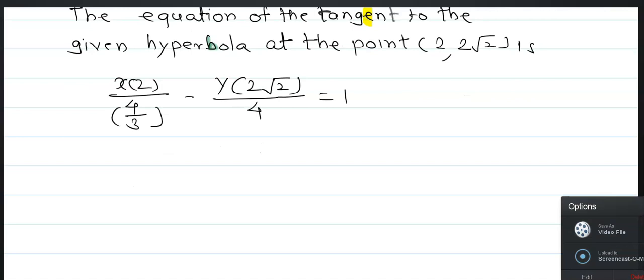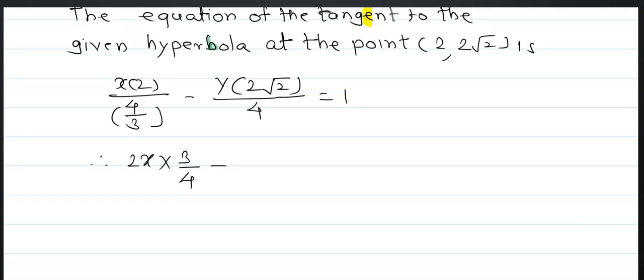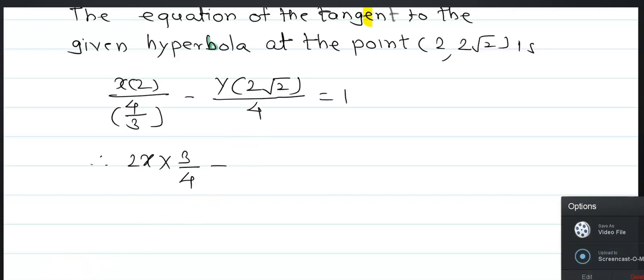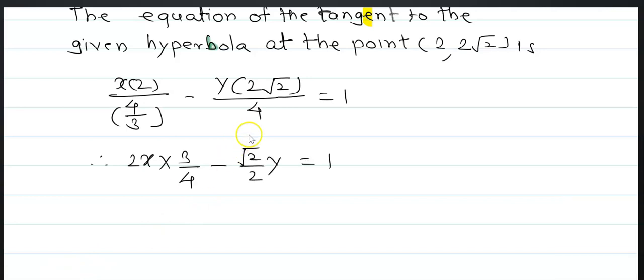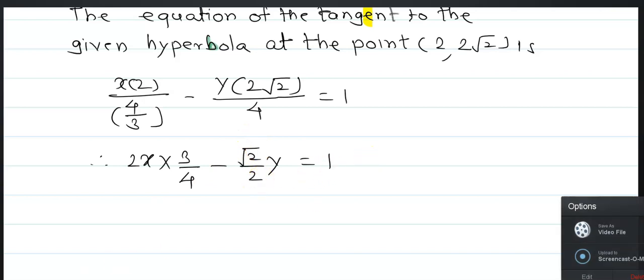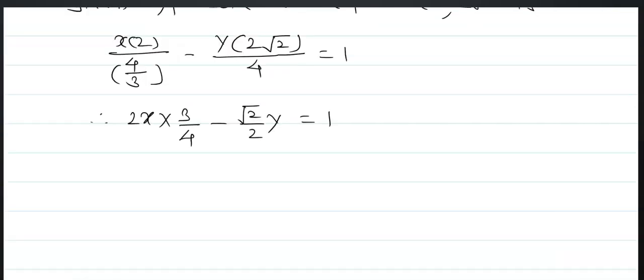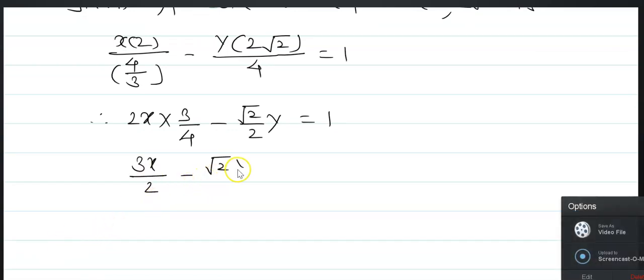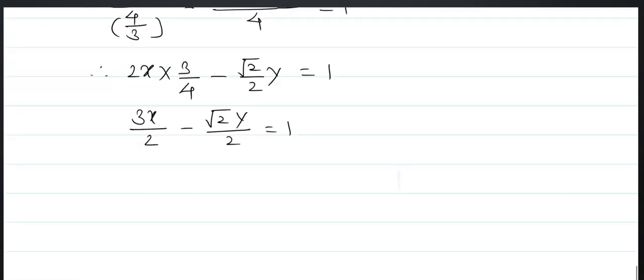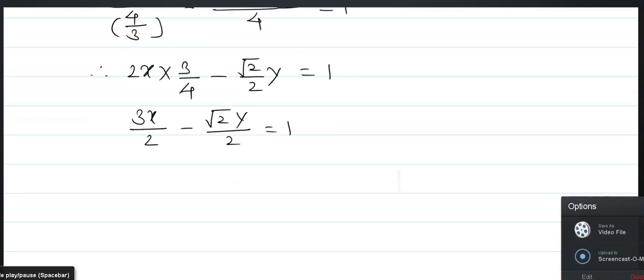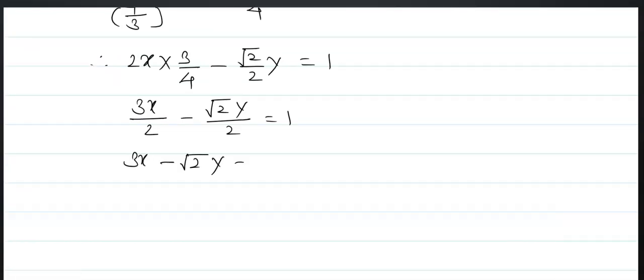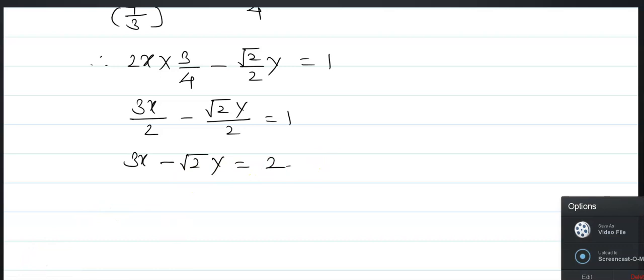Now simplify it. That is 2x into 4 upon 3 upon 4 minus root 2 upon 2 into y is equal to 1. That is 3x upon 2 minus root 2y upon 2 is equal to 1. 3x minus root 2y is equal to 2 after simplification.